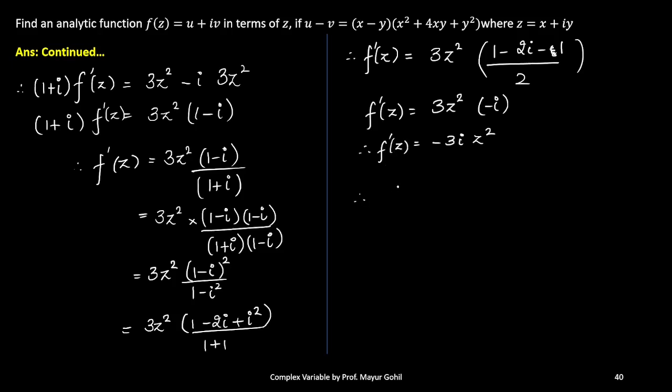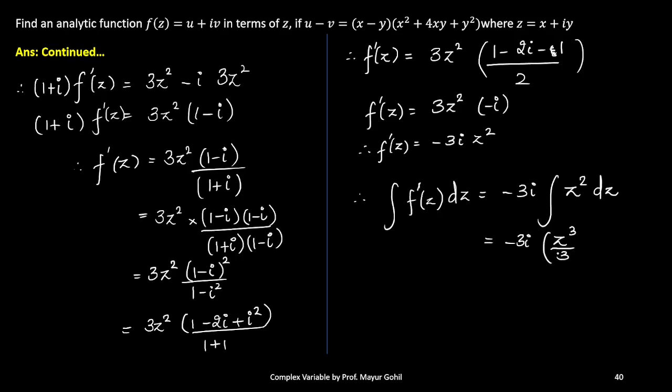And now you integrate f dash of z dz. When you integrate, you will get minus 3i integral z square dz, that is minus 3i z cube over 3 plus c.